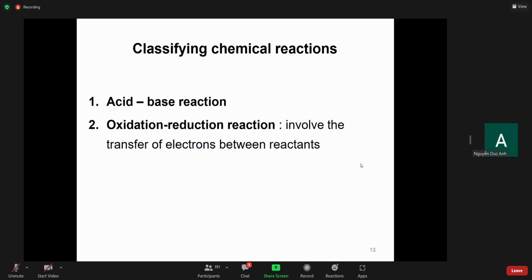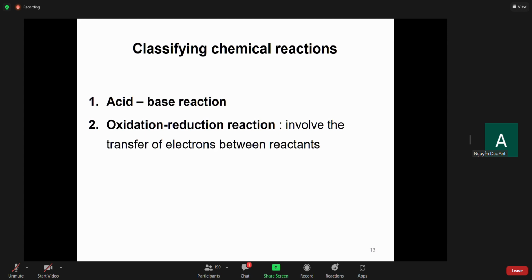So after the Lewis acid-base theory, we can classify almost all reactions without a change of oxidation state as acid-base reactions.